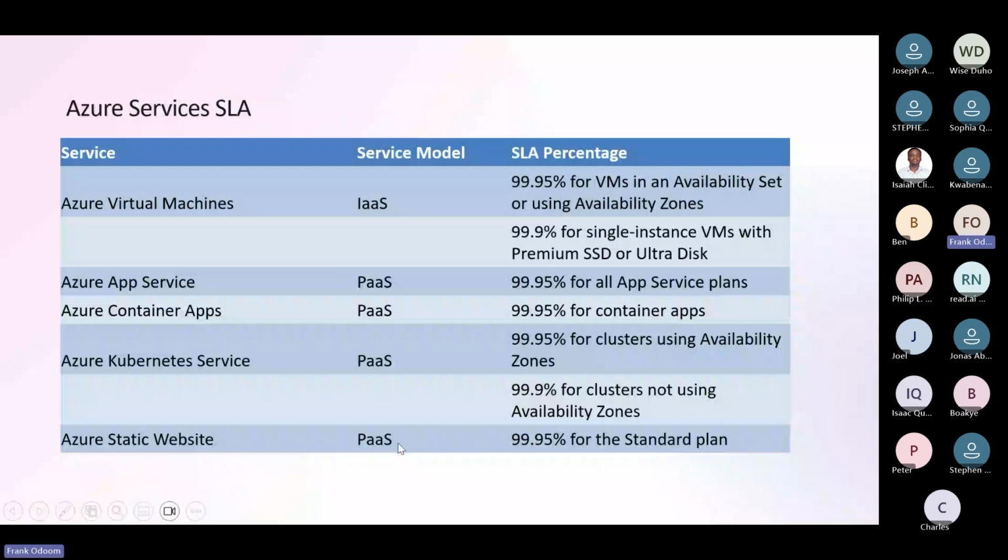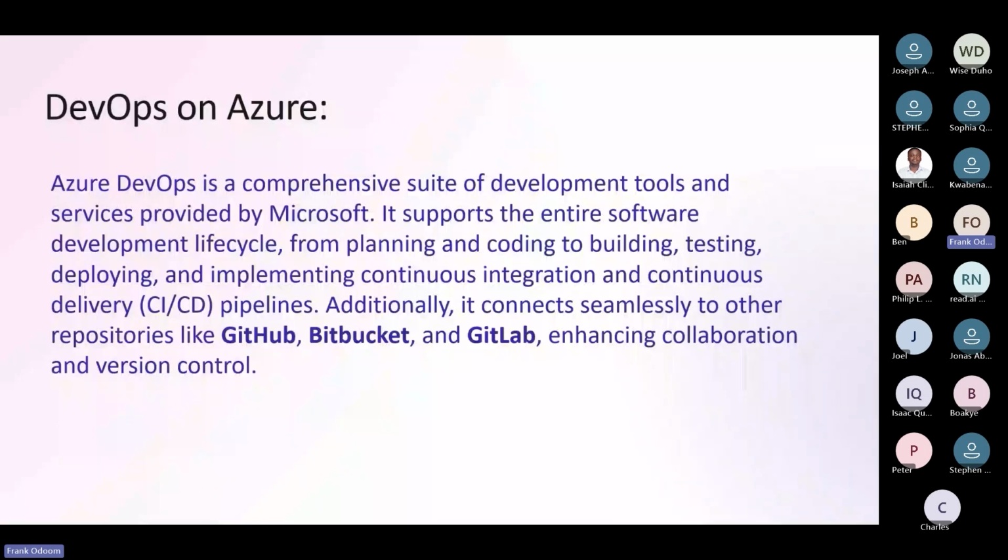Okay, so there's DevOps on Azure. As a web developer, you might want to perform some DevOps services. Azure DevOps is a software as a service by Microsoft that allows developers to support the entire development lifecycle, from planning, coding, building, testing, and deploying CI/CD pipelines.